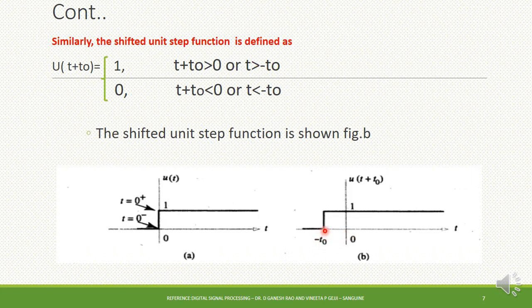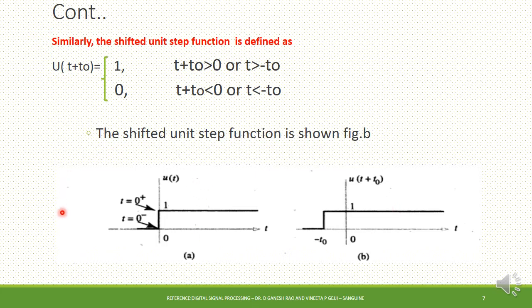The function is equal to 1 as long as t is greater than minus t0, and after minus t0, its value is equal to 0. This is your time shifted unit step function.